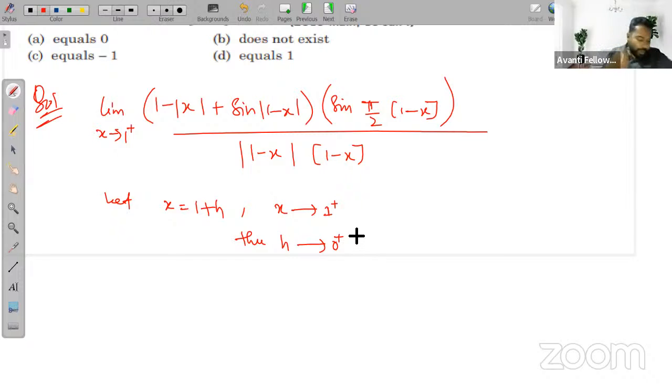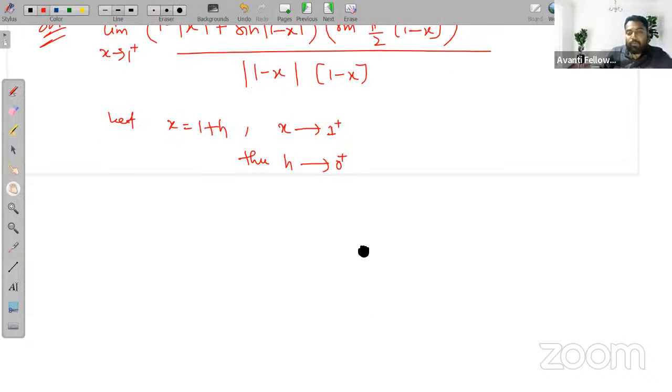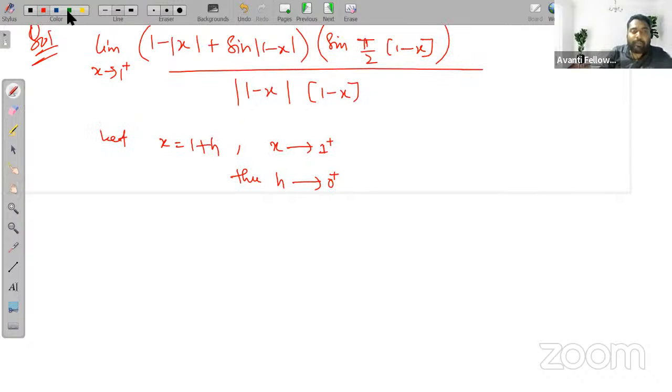So we'll try to find the limit when h is tending to 0 plus. Okay, so let's work it out.